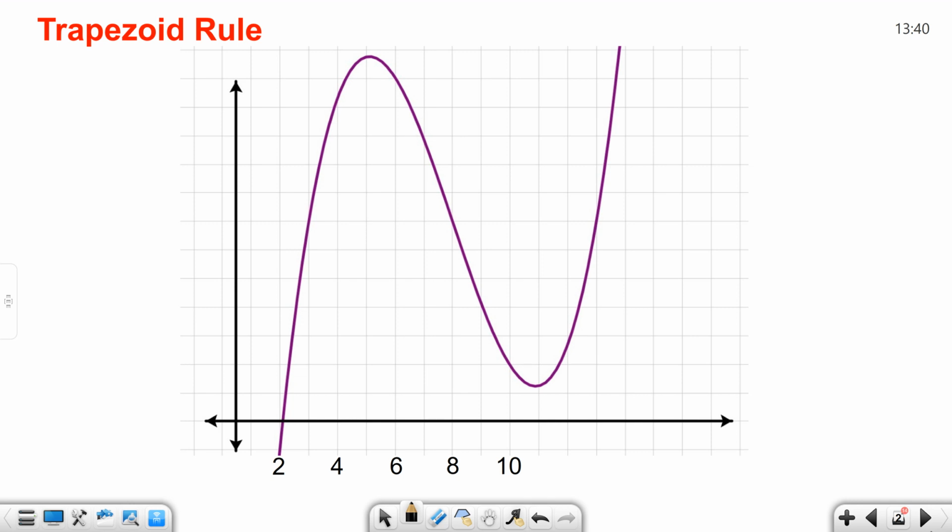So we did things like left hand, right hand, circumscribed and inscribed rectangles to approximate the area under the curve. So if you recall, in this particular case, I'm going to go from 3 to 9, and I have a width of 2.